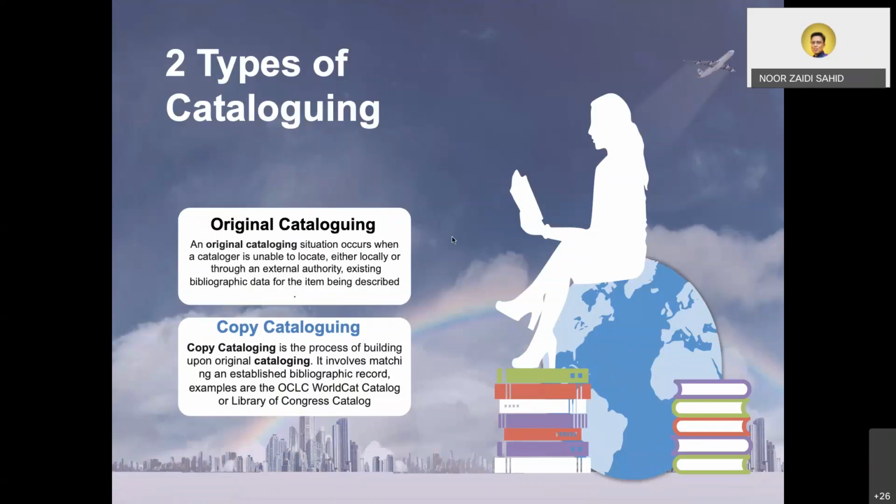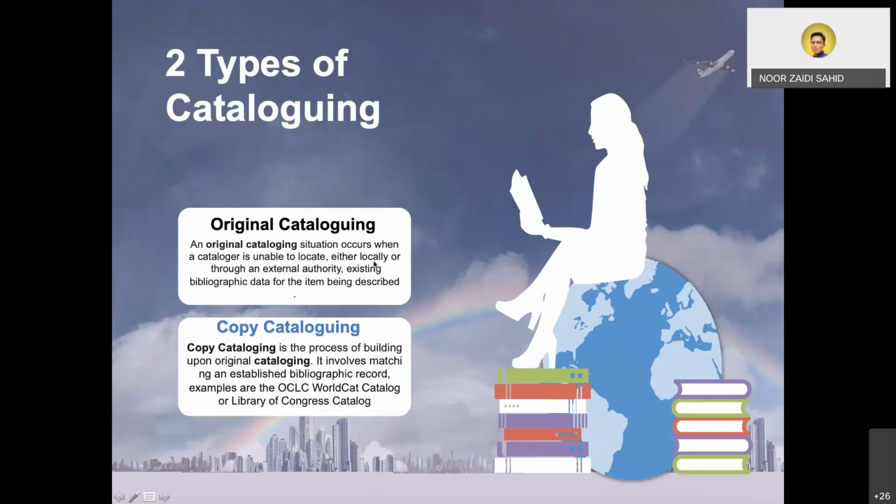So in original cataloging, you produce catalog records from scratch, from zero. Kenapa ya? Sebab you are unable to identify the catalog records from any sources, as described in this statement.